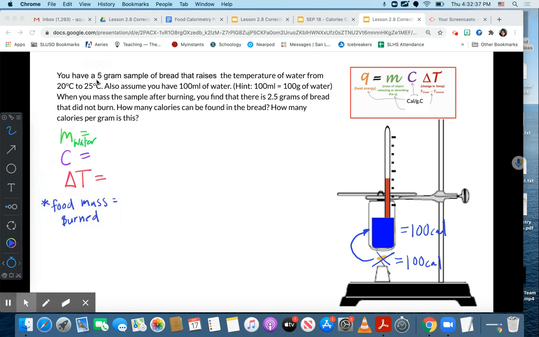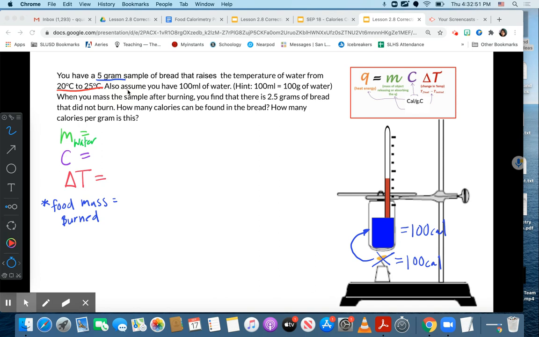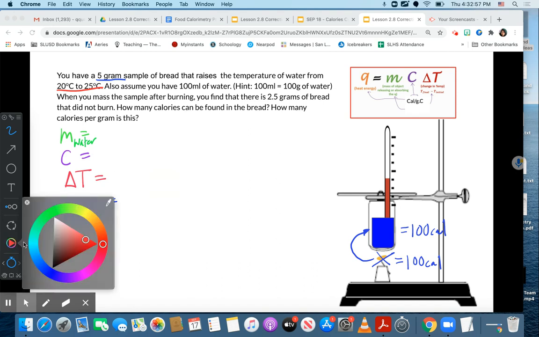For the change in temperature, I have 20 to 25 degrees Celsius. And it also says, assume you have 100 milliliters of water. So I'm starting with 100 milliliters of water this time.